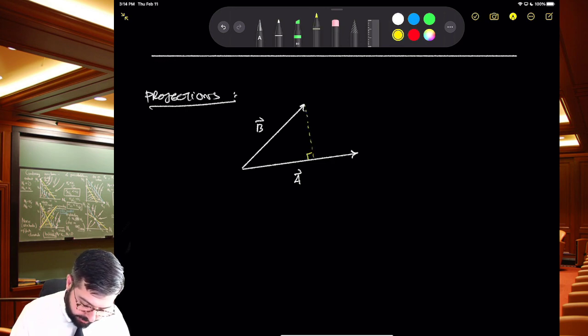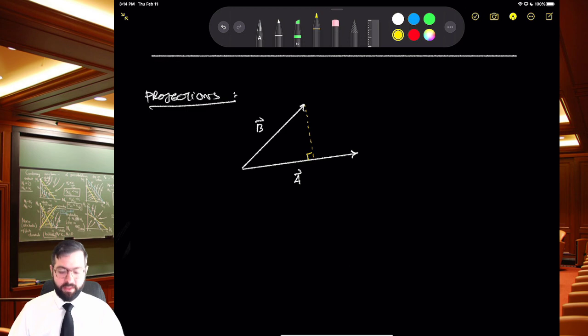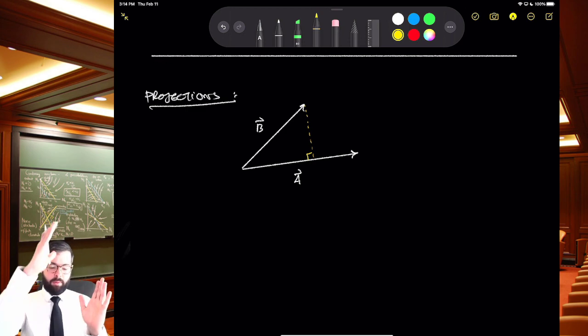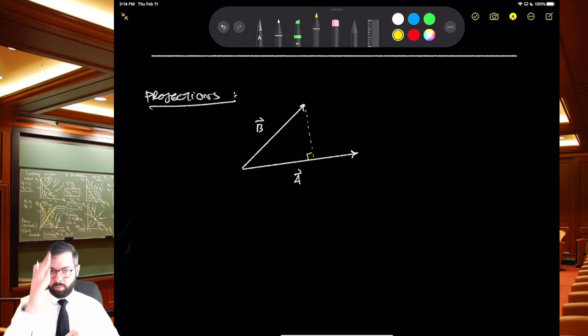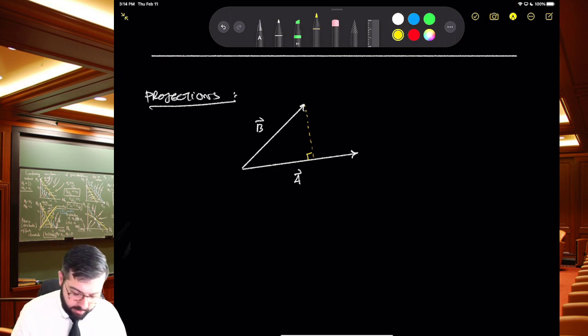If I project the vector B down from the top, perpendicular, or I draw a perpendicular to the vector A, we have this angle theta between A and B. What do we call this length here?